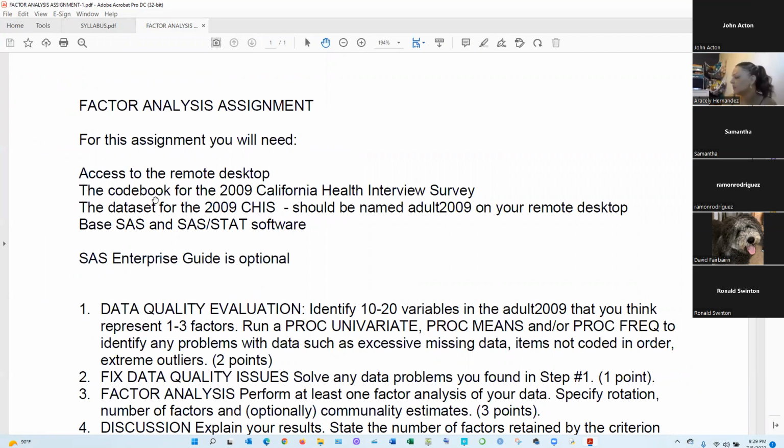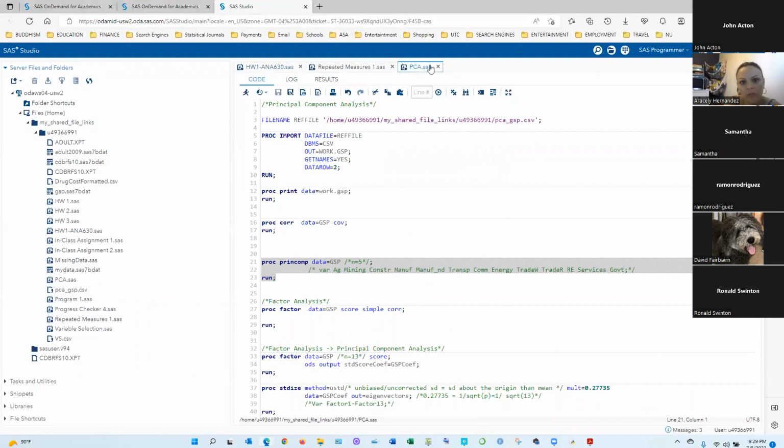They get this data and then change that name to adult 2009 like that. But anyhow, since we are on this one, this is the one that I uploaded into this server, PCA GSP CSV, that's the one I'm working on. So you have that one too, the file names, and then I'm going to change the name to GSP.